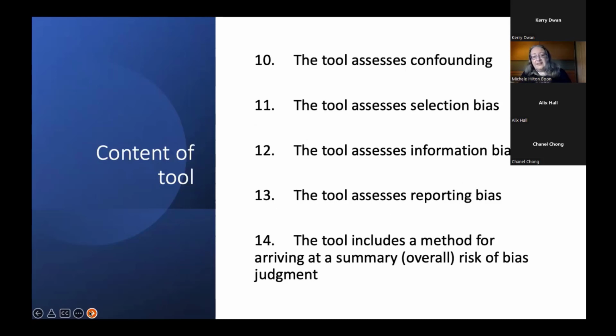Next, under the content of the tool, more than half of respondents rated as essential these criteria: that the tool assesses confounding, selection bias, information bias, and reporting bias, and that it includes a method for arriving at an overall risk of bias judgment.